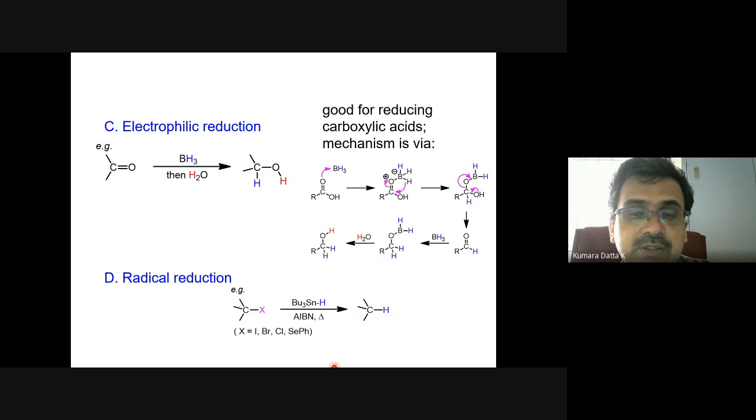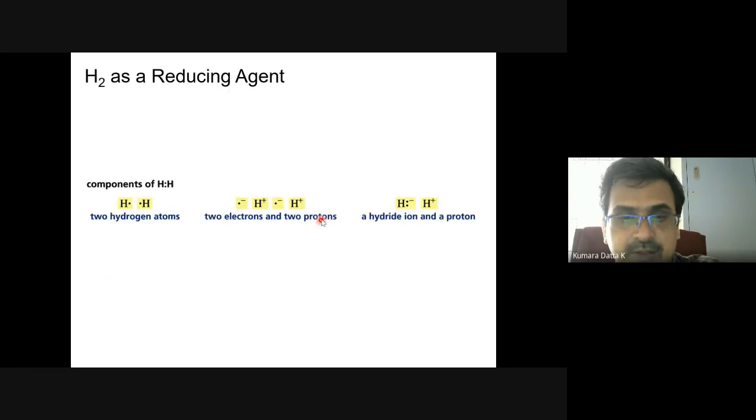So in all these cases, we can add hydrogen by these possible methods: either by providing hydrogen gas, or by using lithium aluminum hydride or sodium borohydride, or electrophilic reduction, or radical reduction. Now, let us understand hydrogen as a reducing agent.